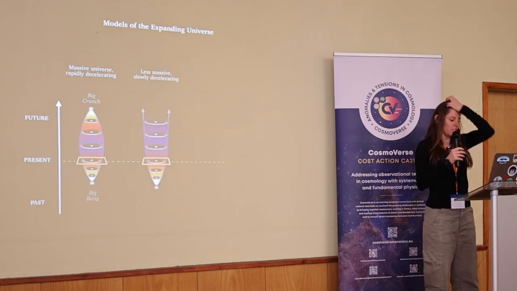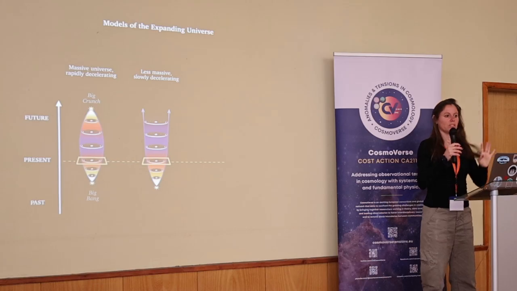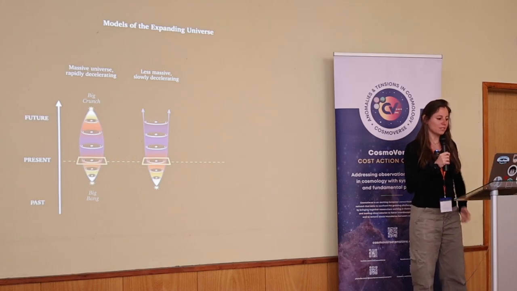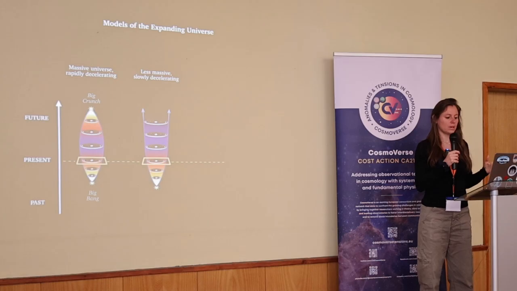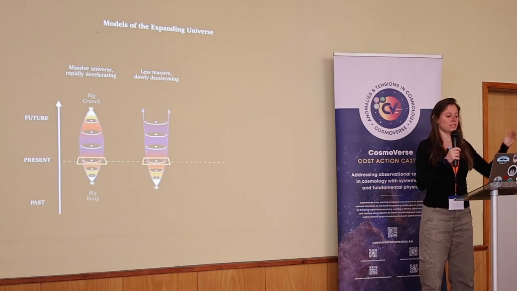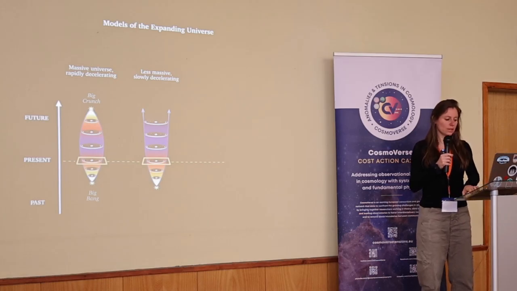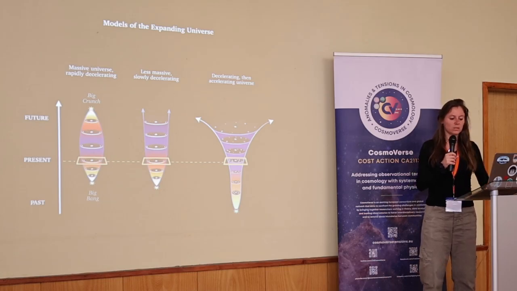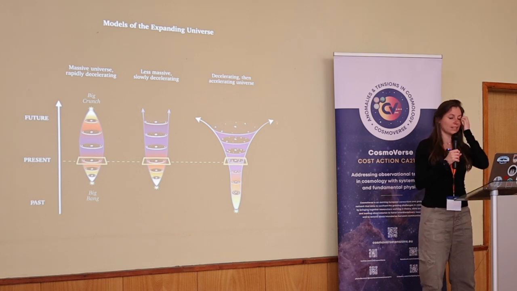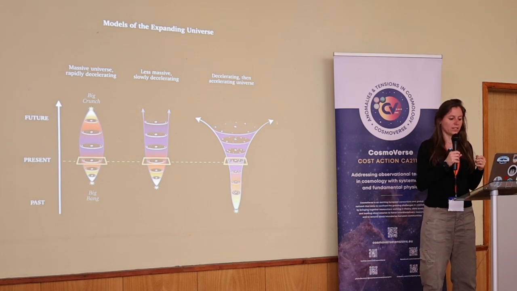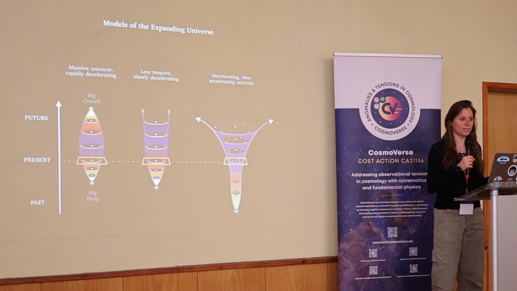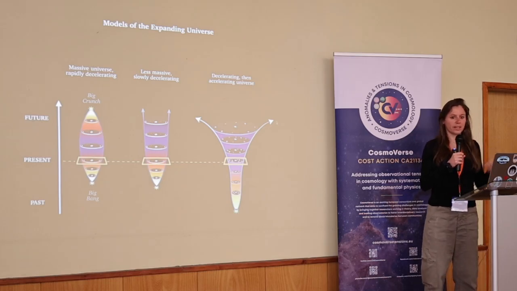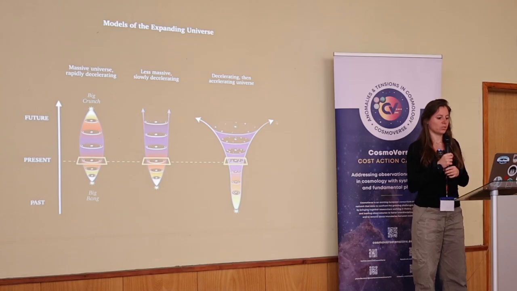The other configuration would be the universe is a little bit less massive, so it would keep expanding, but it would decelerate. And another possibility is it has been decelerating at first, and now it's accelerating, which means it's dominated not by the mass and the gravity, but rather by dark energy and accelerated expansion.